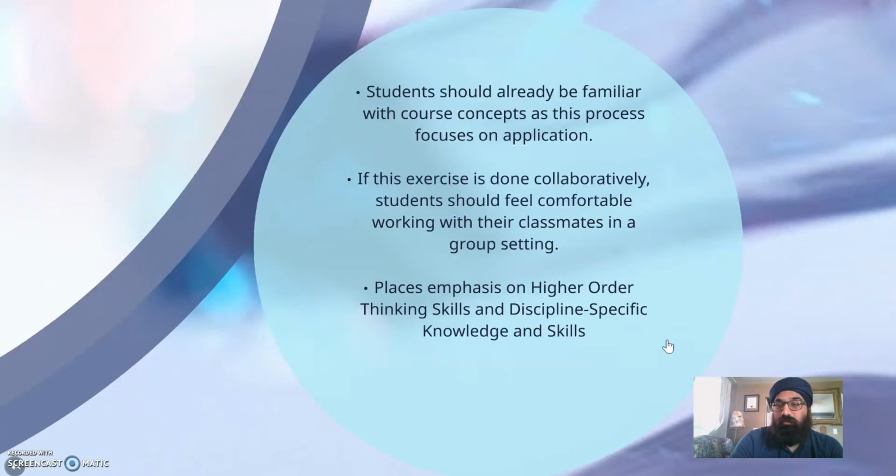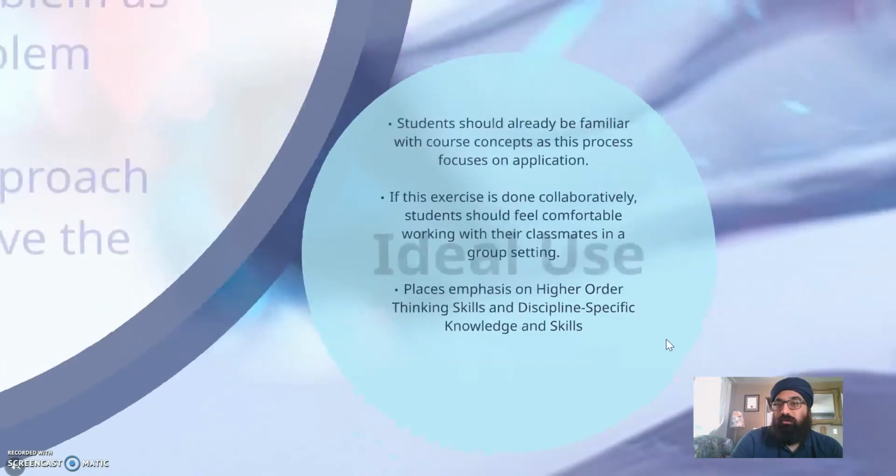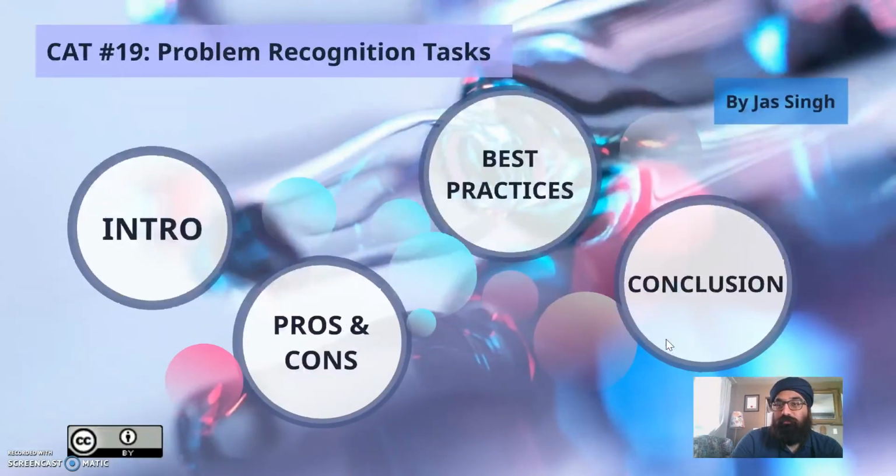That's a very important factor. And third, based on the TGI test I took, this CAT emphasizes higher order thinking skills and discipline specific knowledge and skills. So those were the important elements in my classes. So I chose this CAT for that reason.